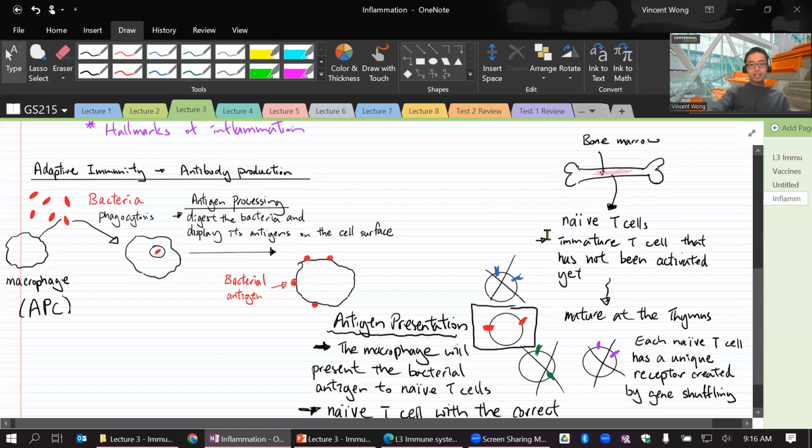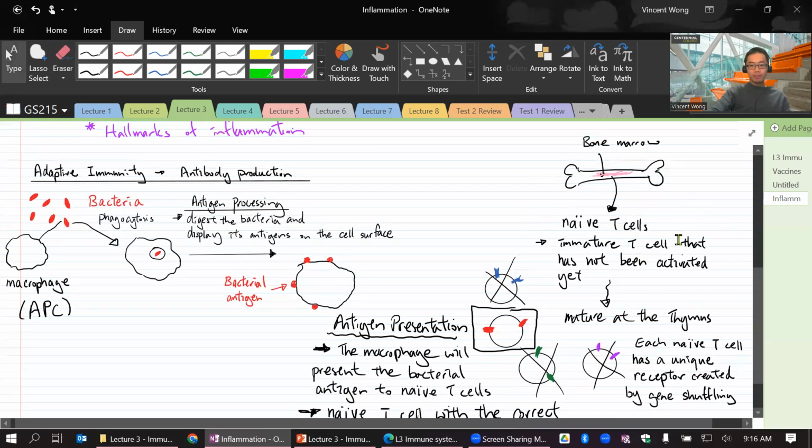What do we need to activate a naive T cell? We need an APC. So macrophage is an example of APC. There are other APCs in the body, but we're not going to worry about it. Just let me repeat that.